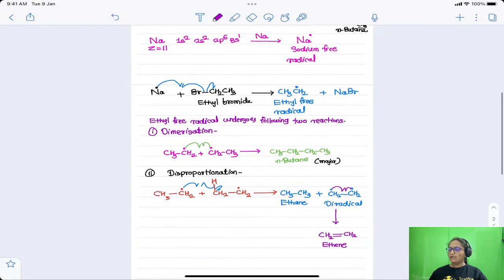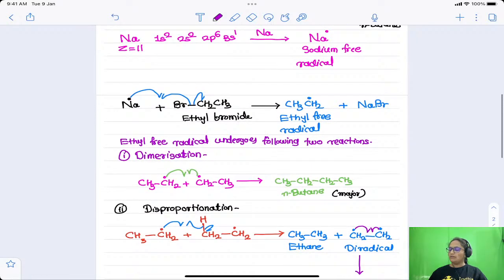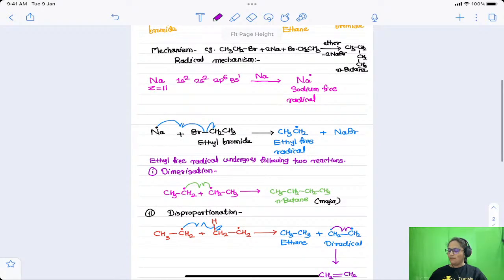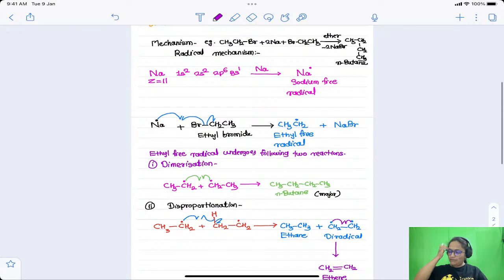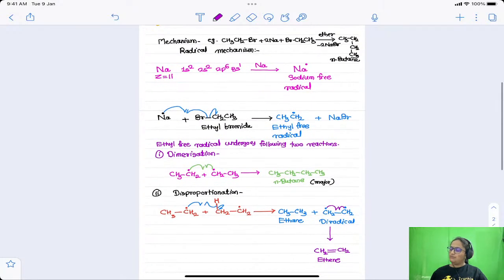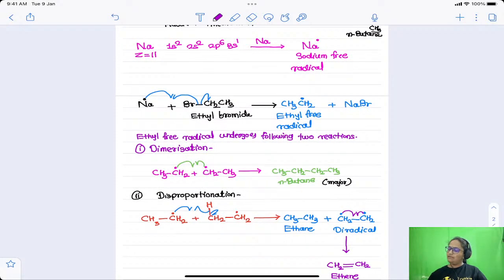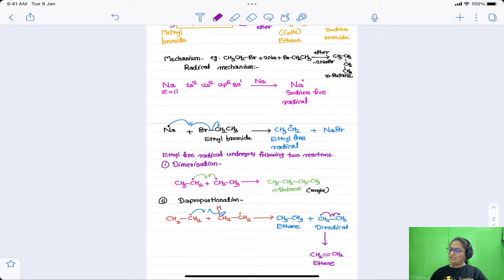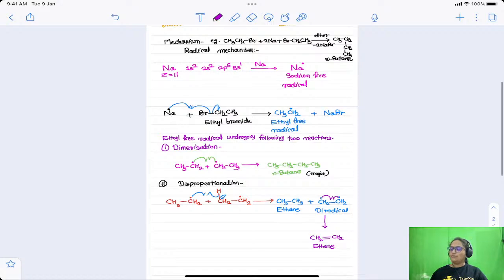So this is the mechanism for the Wurtz reaction for the example of ethyl bromide. I hope you understand. Usually we write only this as the product because it is the major one. We do not write those minor products because they are produced in smaller amounts. So just take a screenshot of this mechanism first of all.